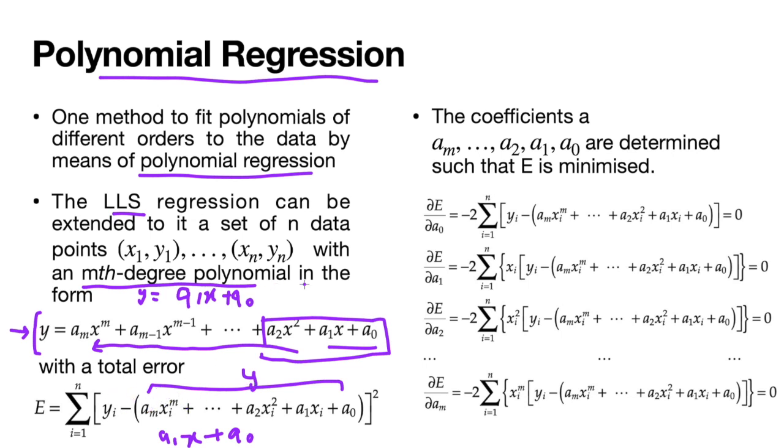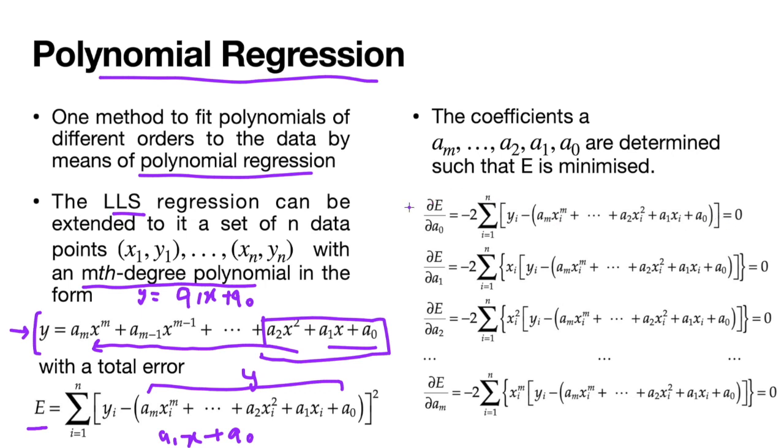What we did in the linear least square regression was that in order to find these values a2, a1, a naught, we take the partial differential of the error term, because we want our error to be minimized. It will be minimized if we find the partial derivative and equate it to 0.